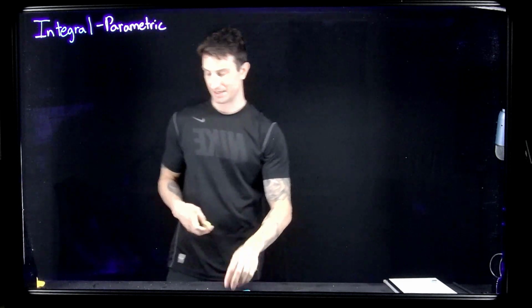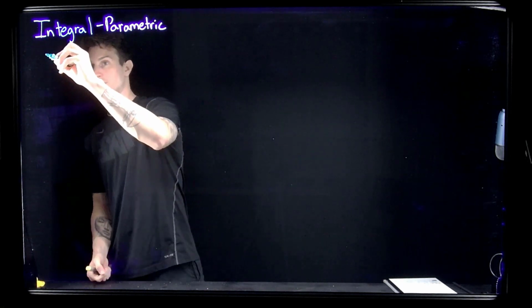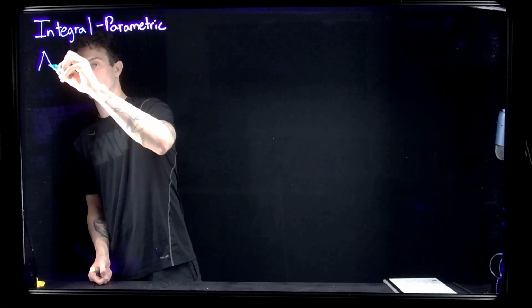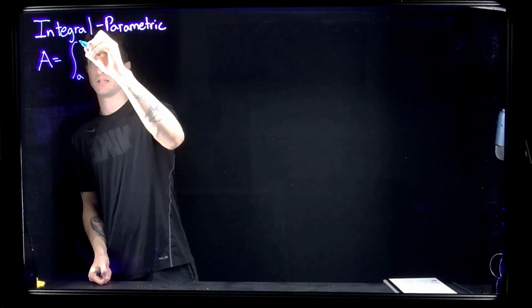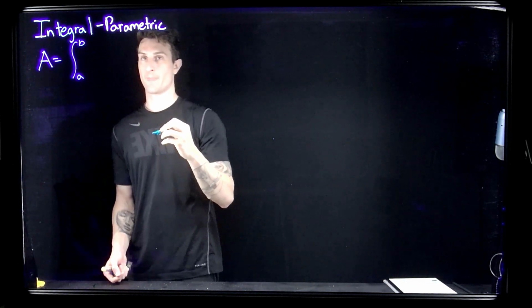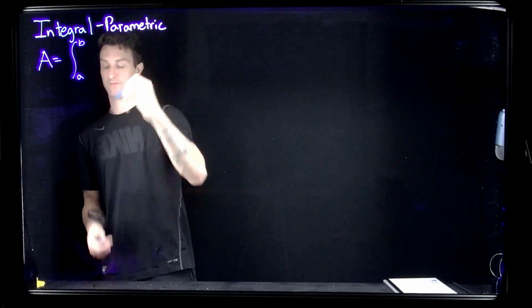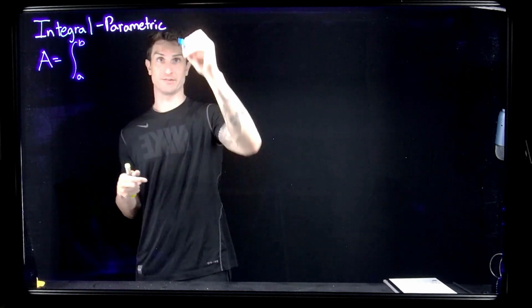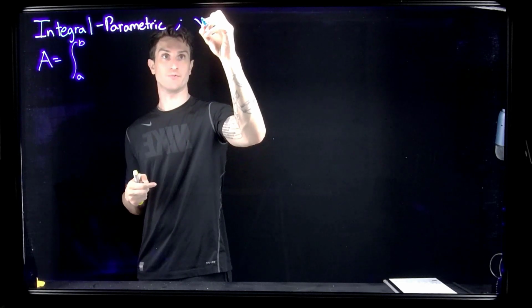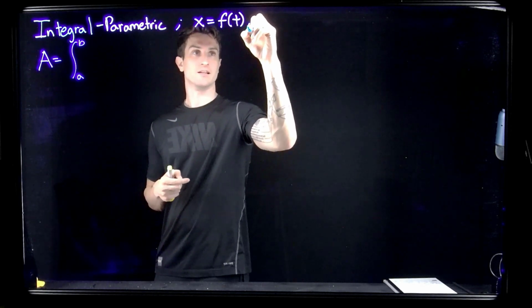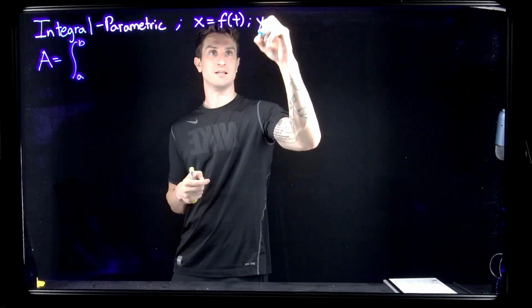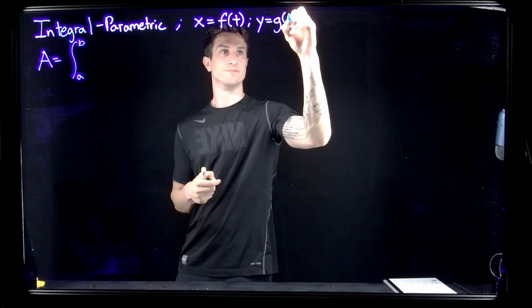The idea is, if we are trying to find the area somewhere between a and b, which we'll specify later, let's actually write one more piece down. Let's put a comma over here, just so we don't forget our notation. We've been using f of t for x, and we've been using g of t for y.